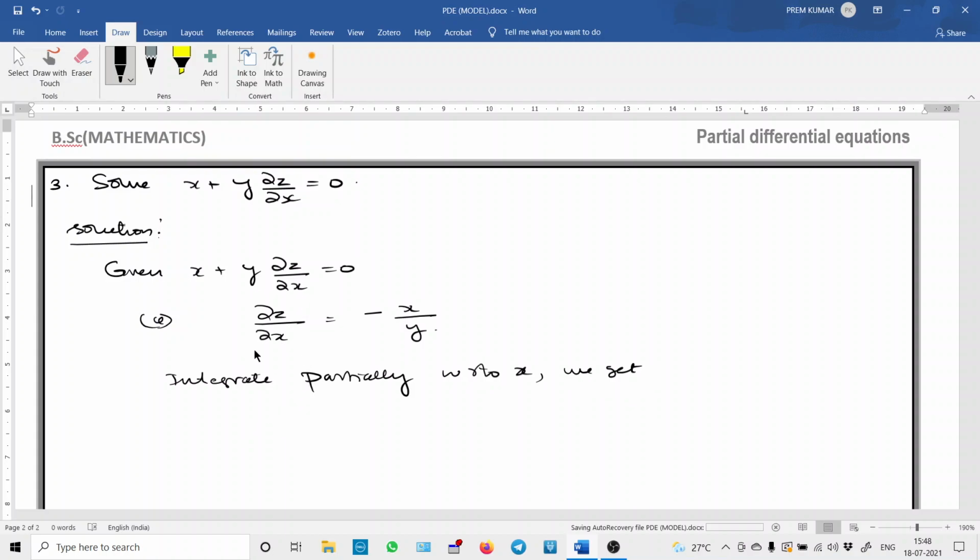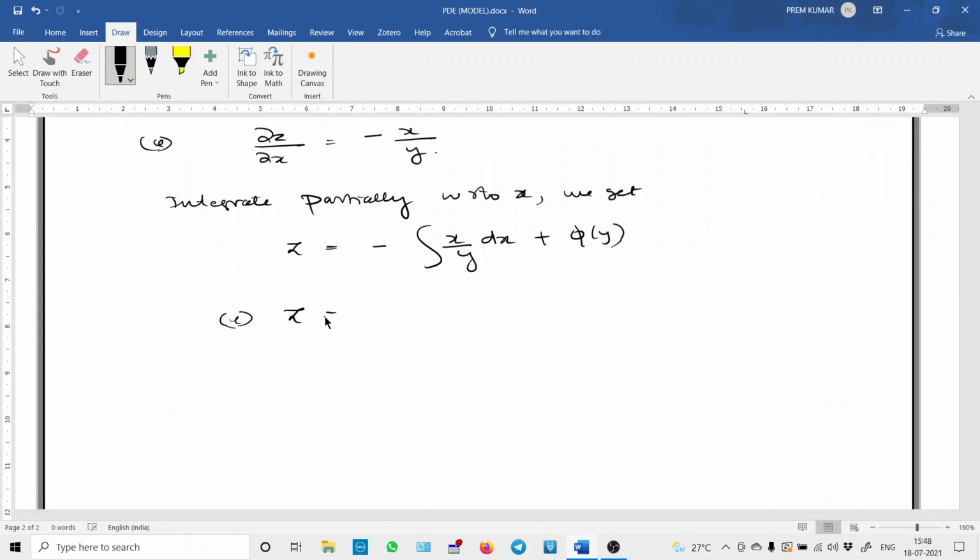If you integrate this term with respect to x partially, we get z. The right hand side also we are going to integrate partially with respect to x. Since we are integrating partially with respect to x, we have to add one constant. That constant must be a function of y. I name it as pi of y.